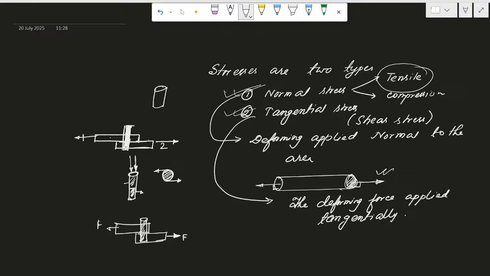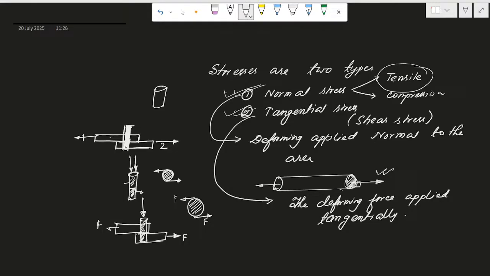What you should think then is, don't look from this side, you should look from the above side. If you see a cylinder from the top side, you will see a circle. Now in this circle you see one force in this direction, another force in this direction. So both of them are tangential to each other. That means this is the surface area, but the forces acting on it are tangent to that surface area.